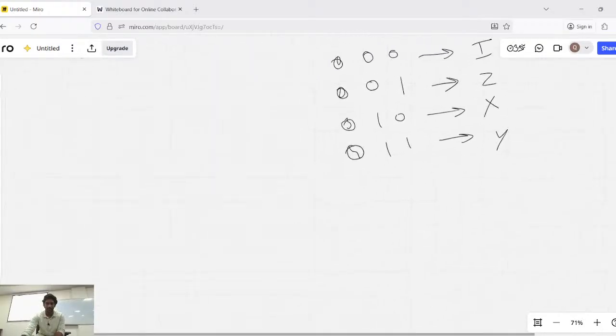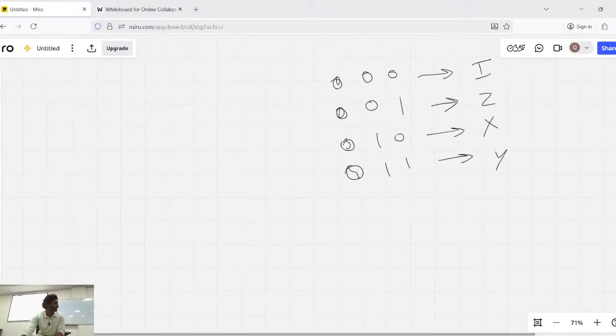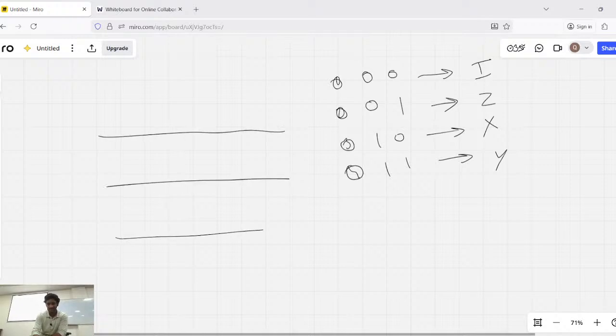Now, how does the quantum circuit look for this particular thing? Very simply put, first let's try to create a circuit with Q0 and Q1.